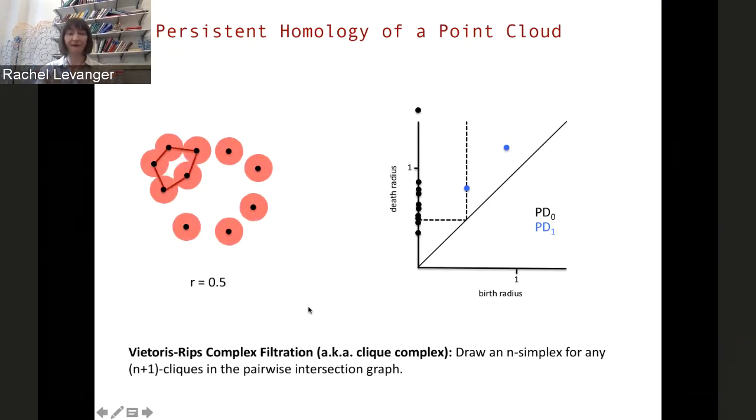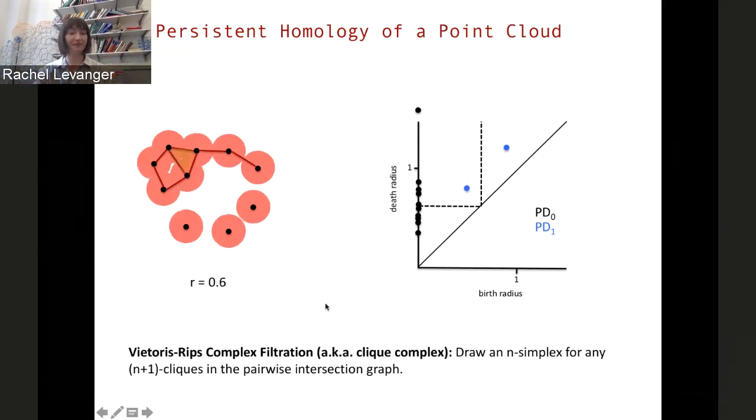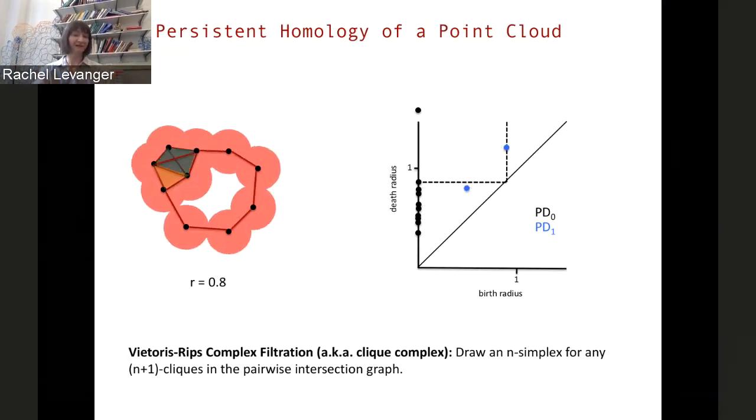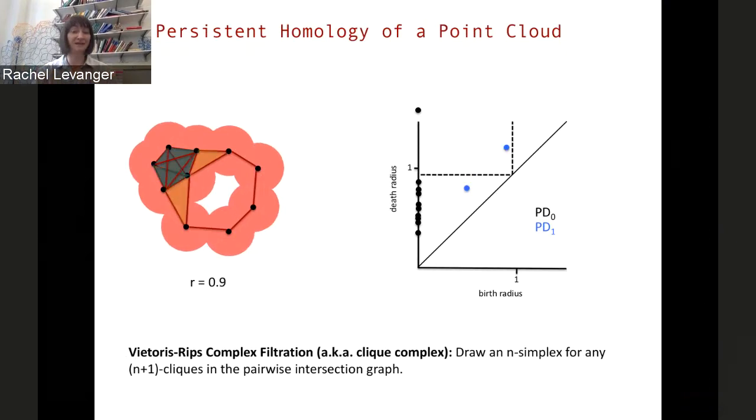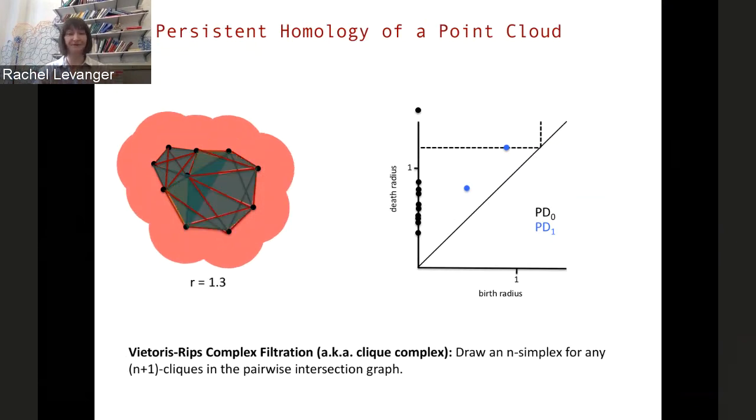At radius 0.5, a loop has been born, and so we're going to log that in our dimension 1 persistence diagram, and then additional components have died, so we're going to pass the death radius for our dimension 0 persistence diagram. And so we're going to end up being able to find loops or circular structures inside of point clouds. This is going to be relevant for studying, say, periodic or almost periodic flows in these fluid patterns.